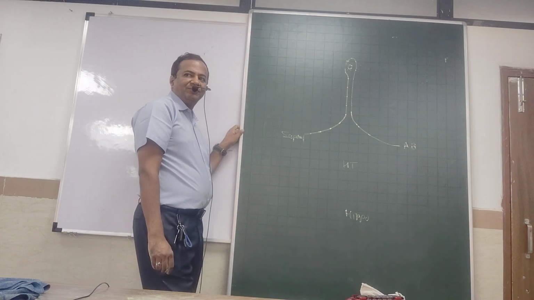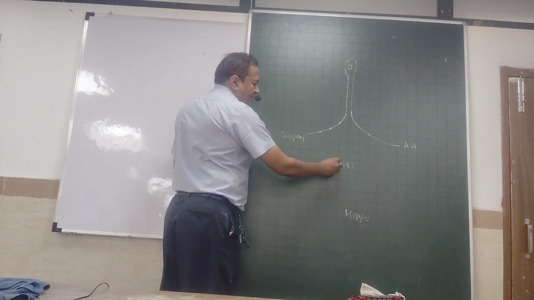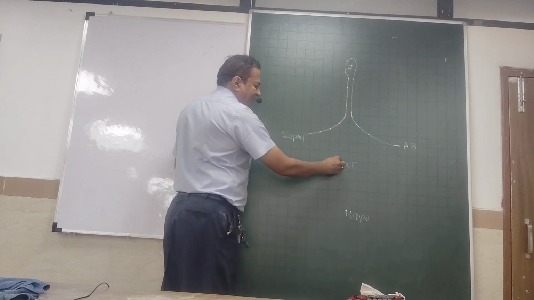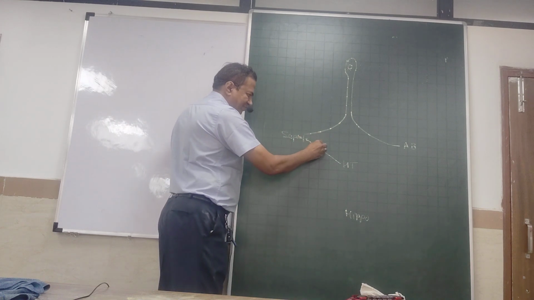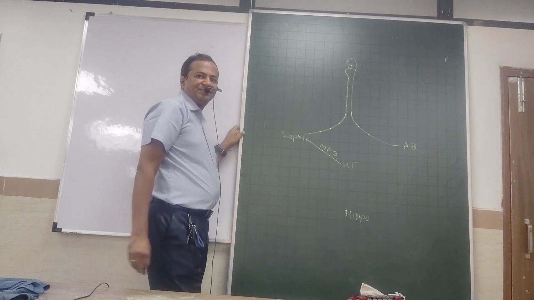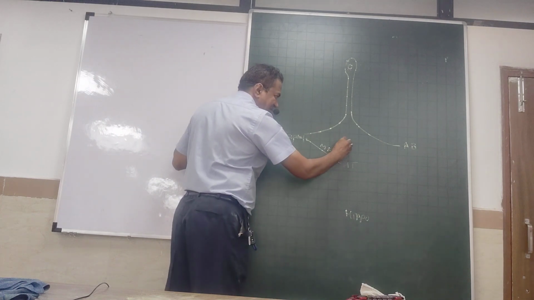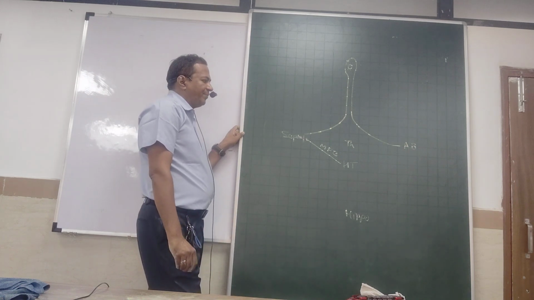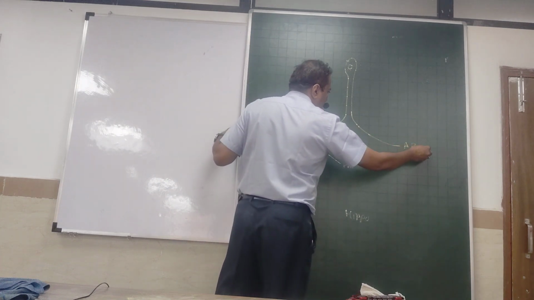Okay? How is hypothalamus connected to the septal areas? Median forebrain. I am putting thalamus here. Okay? Amygdaloid body.